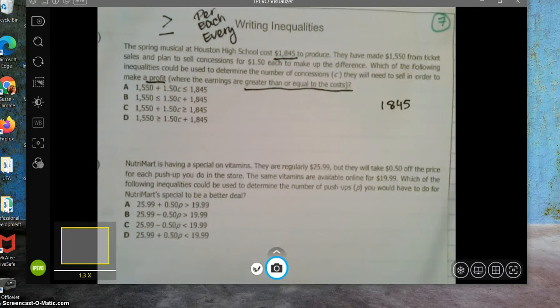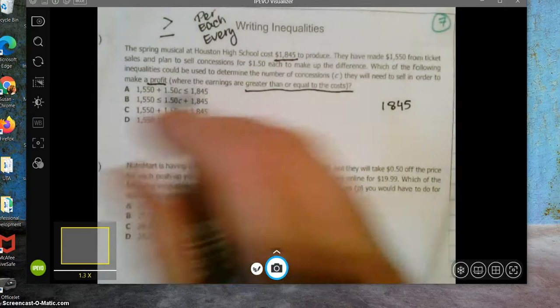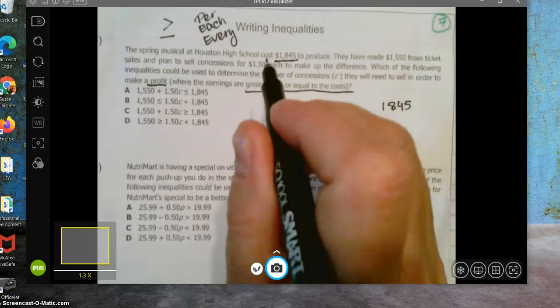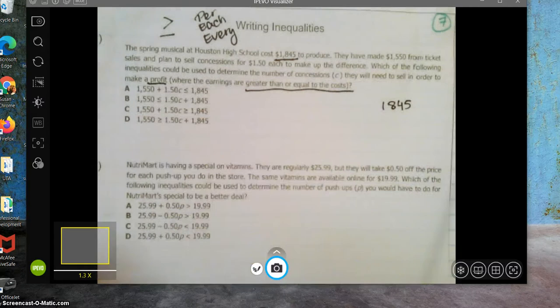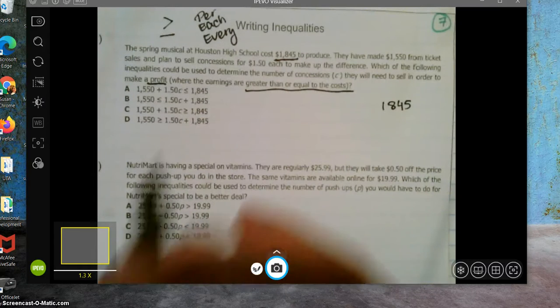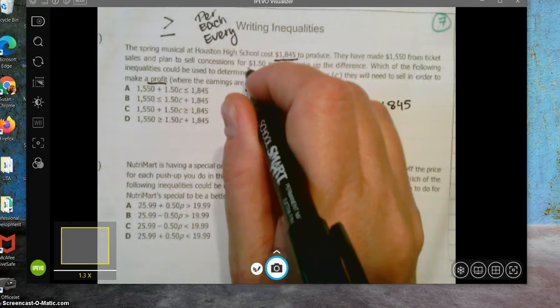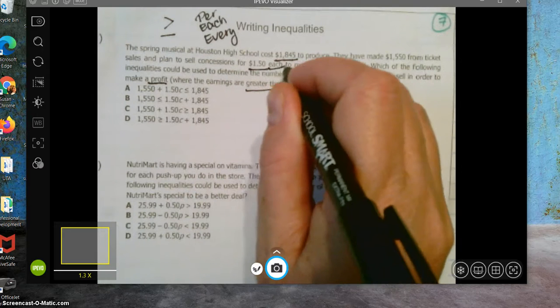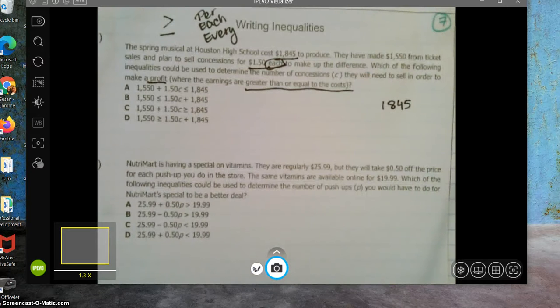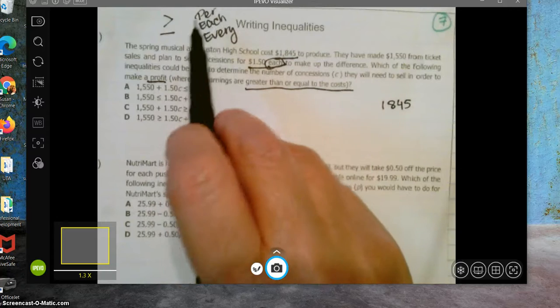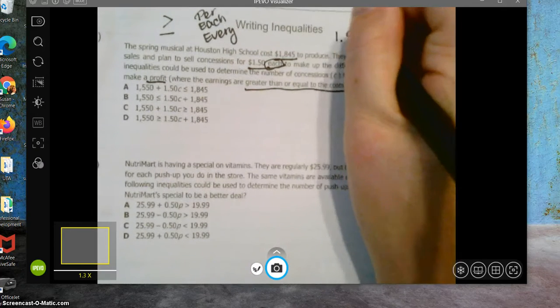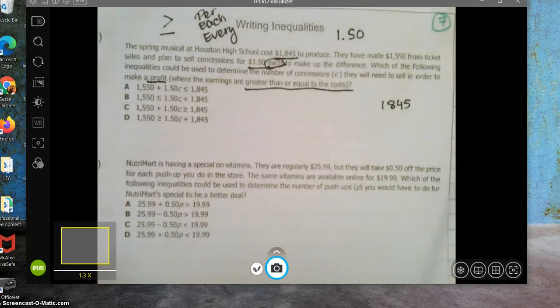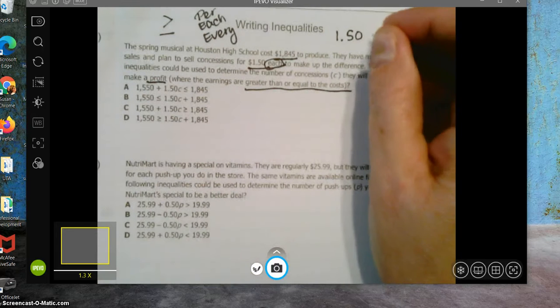They have made $1,550 from ticket sales, and they plan to sell concessions for $1.50 each, and it's not saying each what, it just says they are planning on selling concessions. Normally they're going to tell you for each item or whatever, but they're just saying $1.50 each. So remember that per or each, that means it's $1.50 times whatever the variable is. Okay, and I'm looking here and it looks like that variable is C.